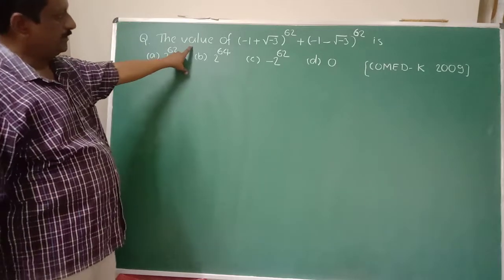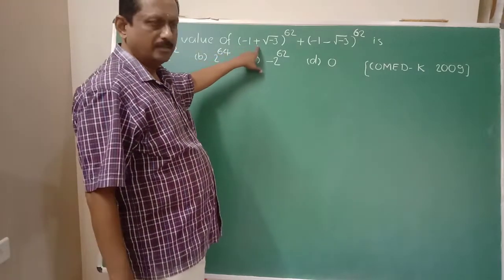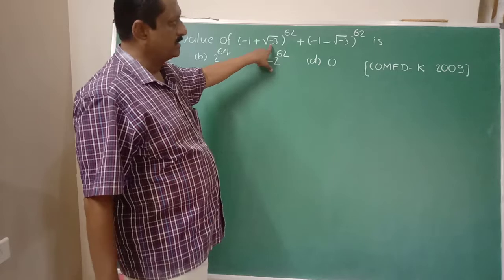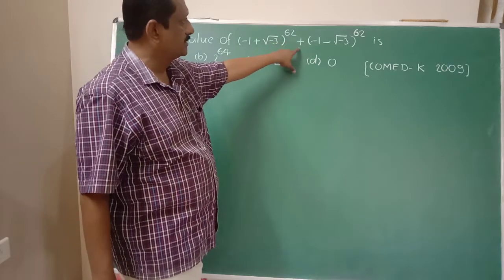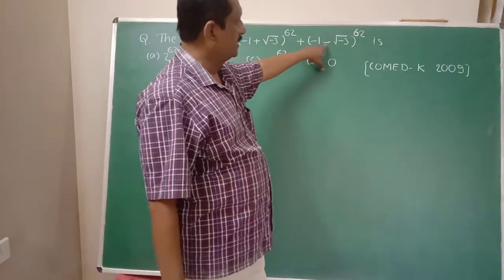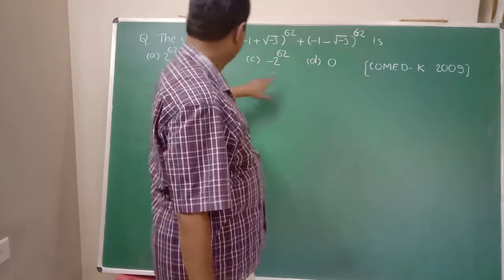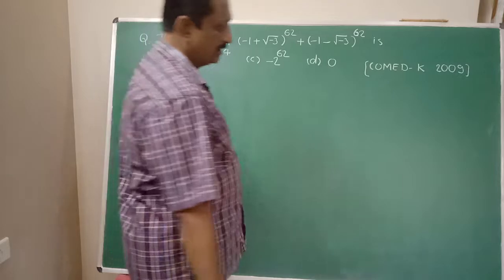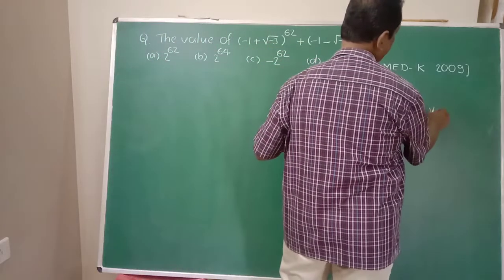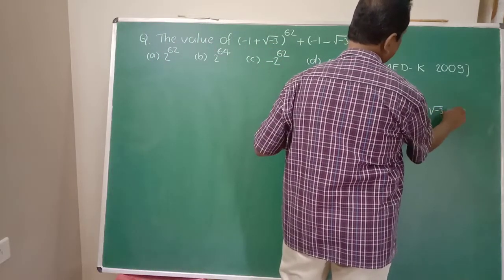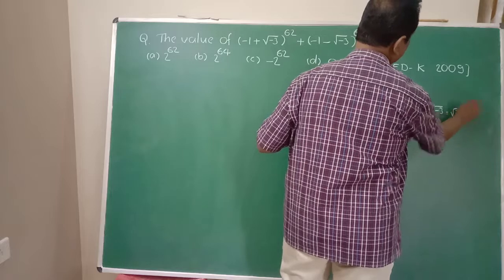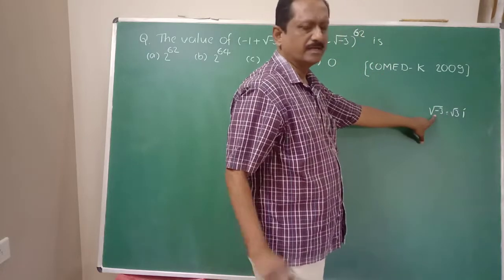Here the value of minus 1 plus square root of minus 3 raised to 62, plus minus 1 minus square root of minus 3 raised to 62, is: four options are there. So root of minus 3 means root 3 into i, because the square root of minus 1 is i.